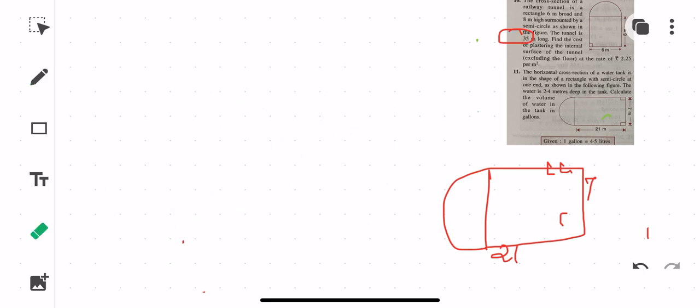So what you will be writing, first write down area of cross section is equal to half into area of, or else we can just name the figure, children, if you want.